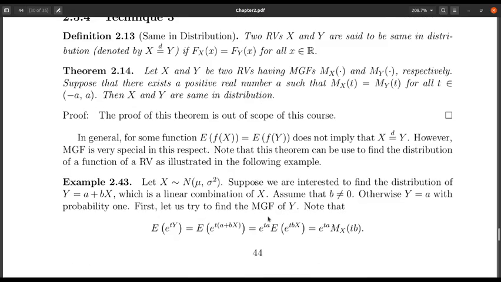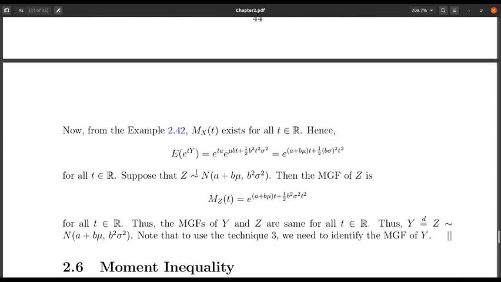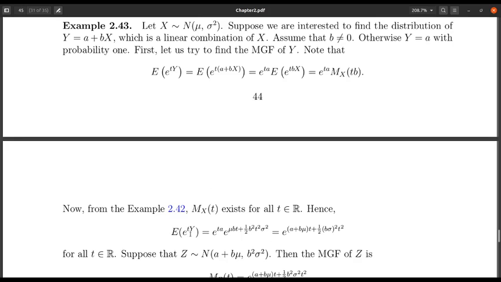So the expectation of e to the power ty turns out to be e to the power ta into e to the power mu tb plus half b square t square sigma square, which can be written in this form.